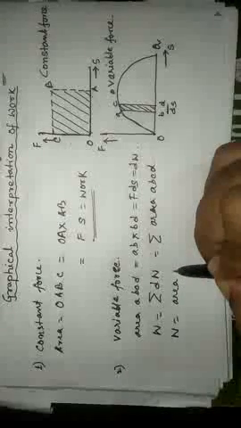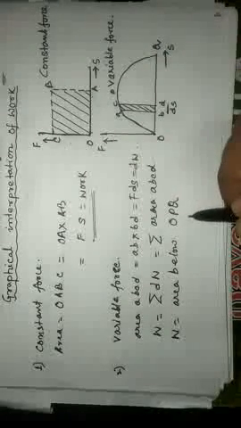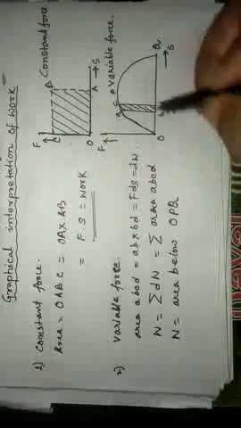So W is nothing but the area below the curve OPQ. The whole curve is OPQ, so W is basically the area below OPQ. Thus, the area occupied below the force displacement curve represents the amount of work done.